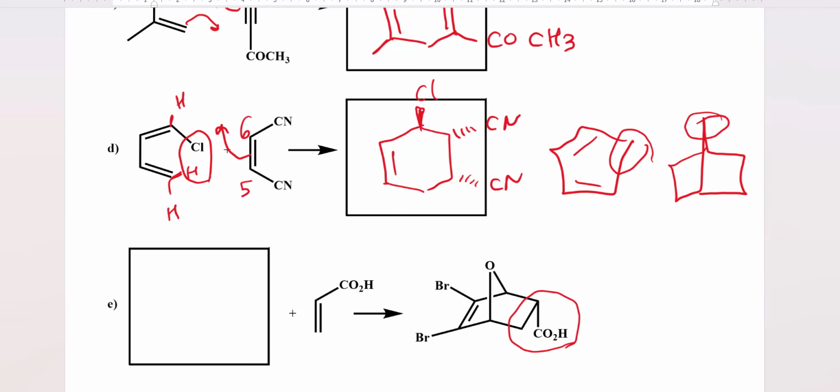So this is carbon 1, 2, 3, 4 for the diene. And 1 and 4 are attached to each other by oxygen. So it's cyclic. And on carbons 2 and 3, we also have bromine. So this is the diene for this reaction.